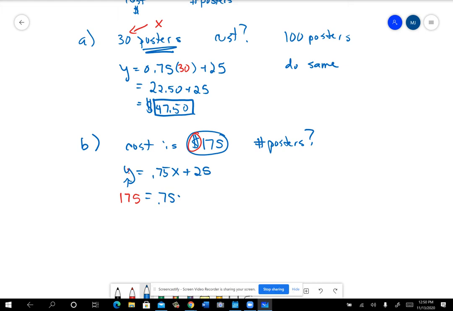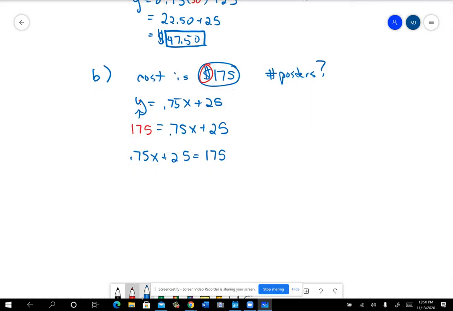This shouldn't be too bad because this turns it back into a chapter 2 problem. A lot of you have been working really hard on that chapter 2 material. So we're going to subtract the 25. We get 0.75x equals 150. Divide by 0.75, and see what we wind up with.